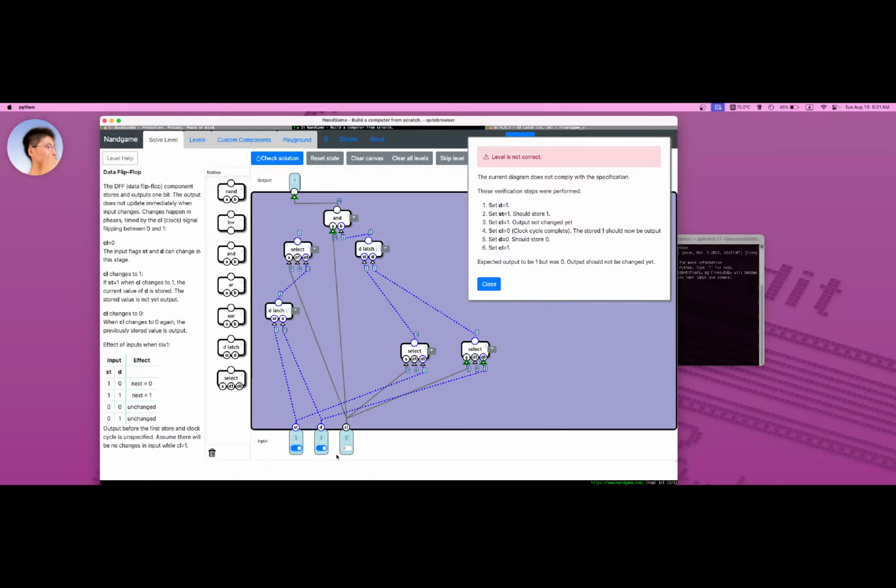Okay, set clock to 1. Set clock to 0. No. When I set clock to 0, the output should go anyway.